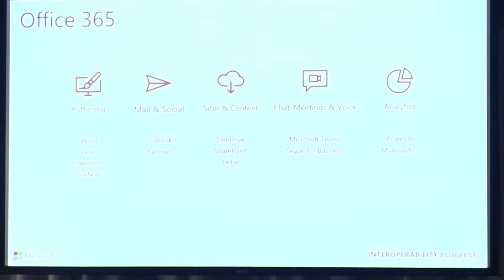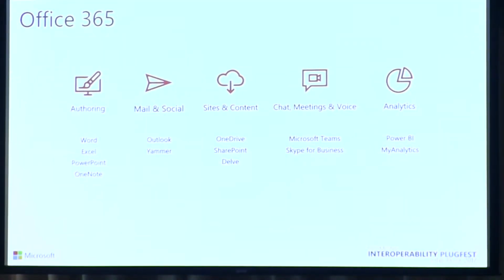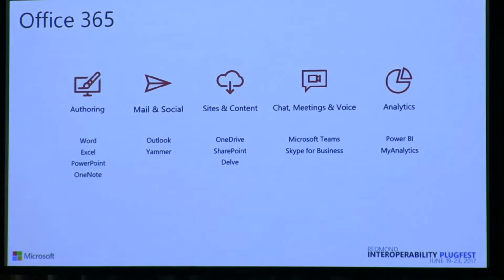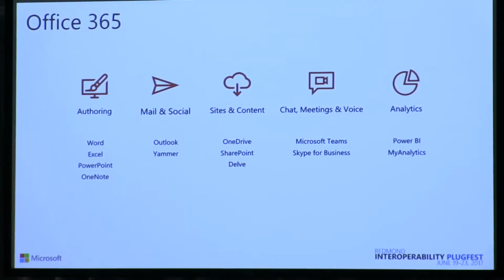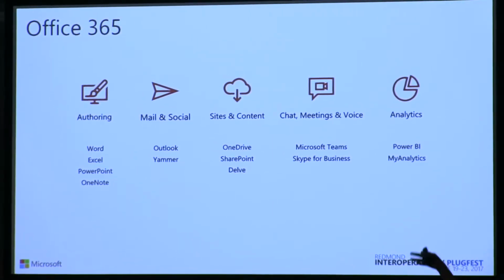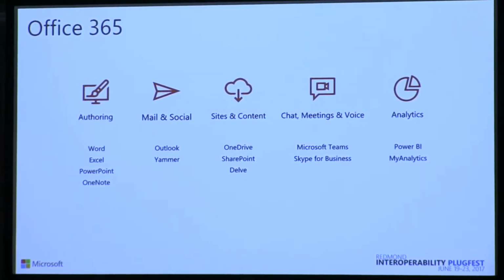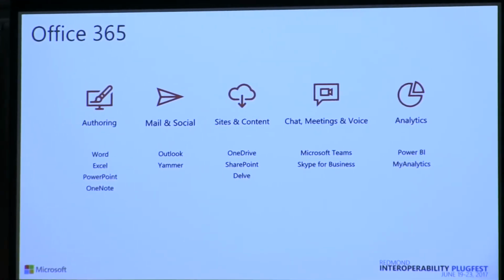When we talk about Office extensibility, it is really important to understand Office 365 as a whole. You don't necessarily need it, but your experience is much richer when you have Office 365. It comes with a ton of applications that help you do authoring with rich applications such as Excel, Word, and PowerPoint.